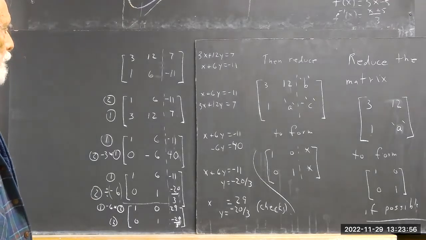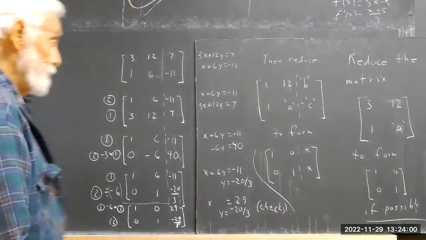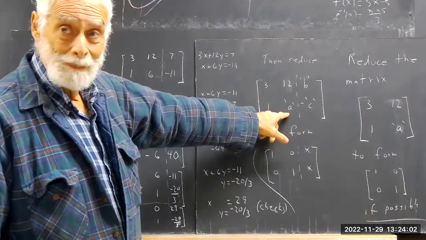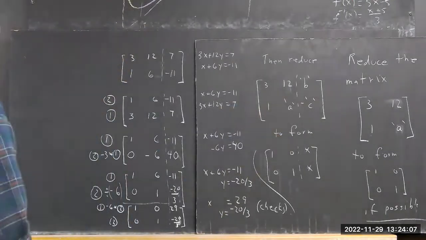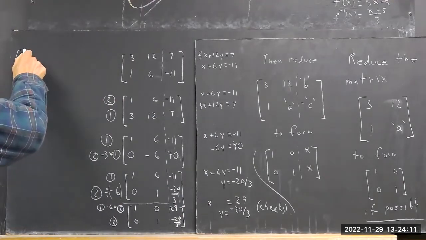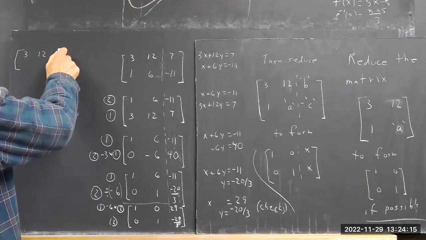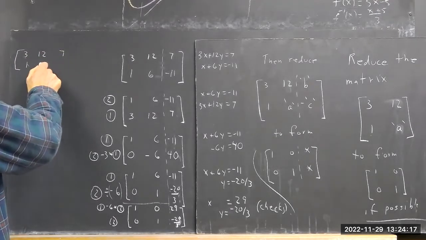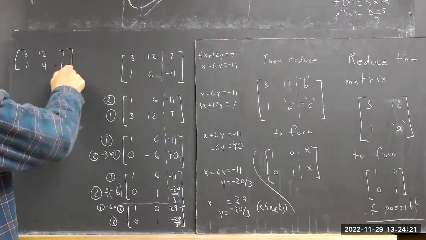Another thing that happened on some people's numbers, some people have 4 for A. Okay, let's see what happens if A is 4. Here we have 3, 12, 7, 1, 4. We'll use negative 11.